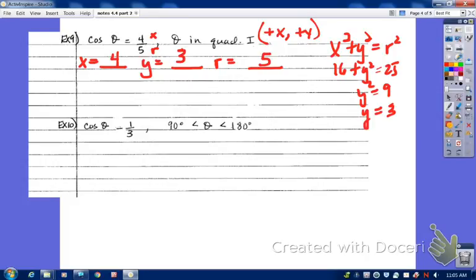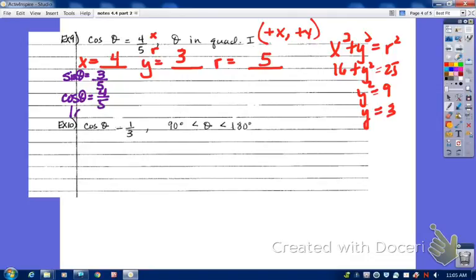So then they want you to find all the other trig functions. So sine of theta would be what? Which would be 3/5. Cosine they told you, but I'm going to write it down just so I have everything. Cosine is 4/5.